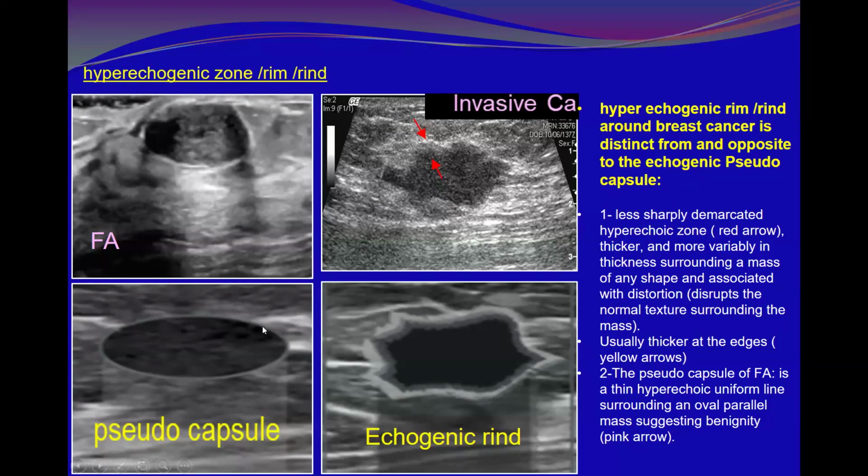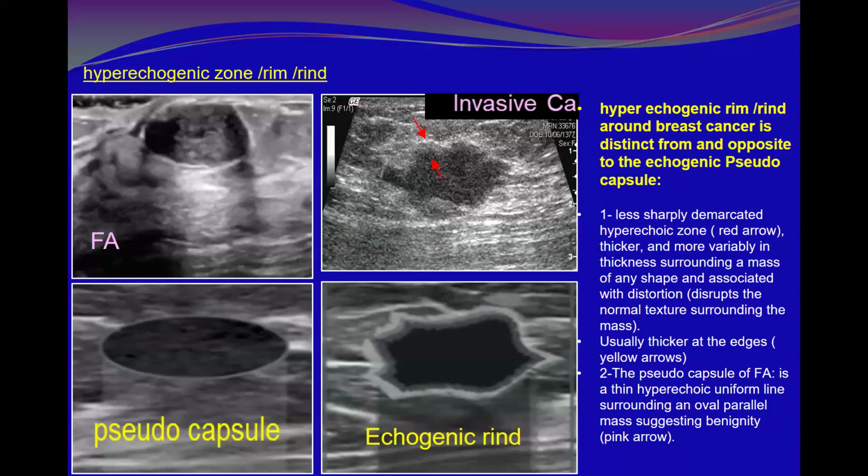How could we differentiate between the two? The pseudocapsule is thin, as you have seen in the illustration. It has to be complete; we have to make sure it is complete. It is thin, uniform, completely surrounding an oval lesion, while the echogenic rind is a thick, variable, indistinct, not sharp, non-uniform band, which can surround the lesion completely, incompletely or partially.